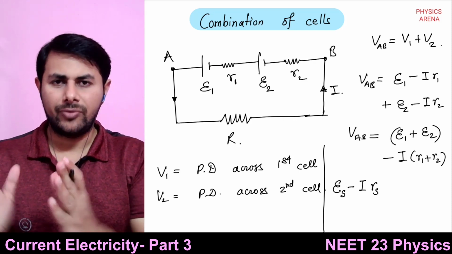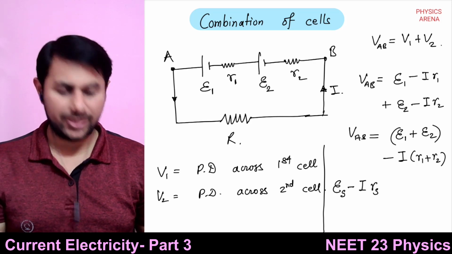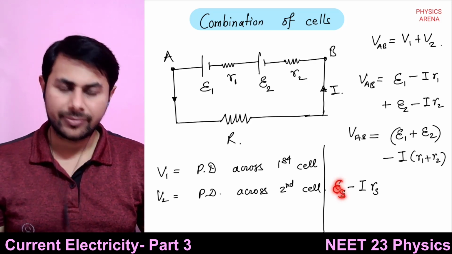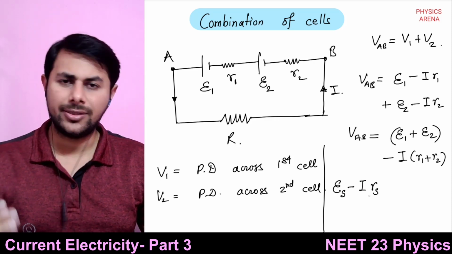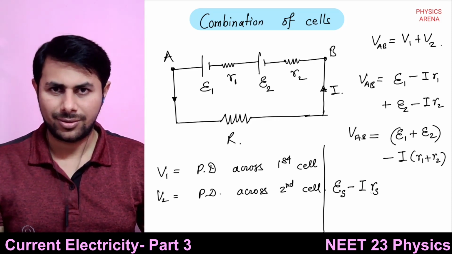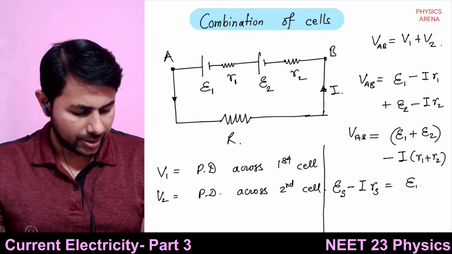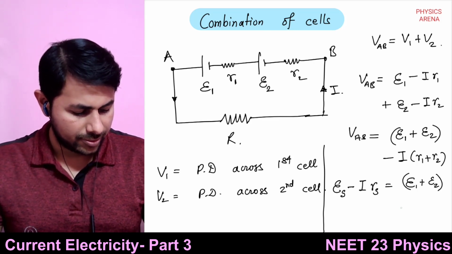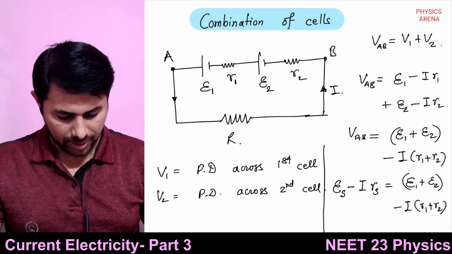So I can write V is equal to epsilon minus IR. Because epsilon is epsilon S and R is RS, it is epsilon S minus I into RS. So this is equal to, on the right hand side, epsilon 1 plus epsilon 2 minus I into R1 plus R2.